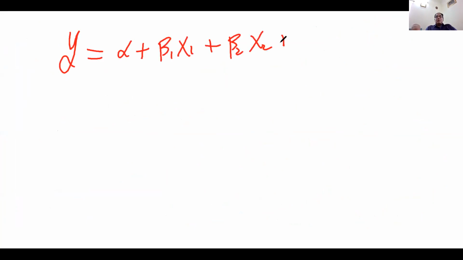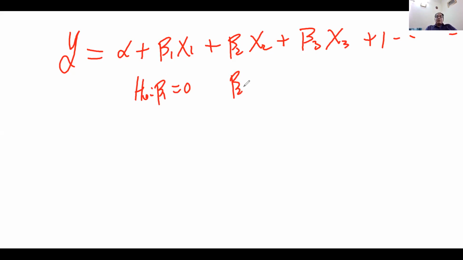Now, the multiple regression model can be explained by y equals alpha plus beta 1 x1 plus beta 2 x2 plus beta 3 x3 and so on. We assume the null hypotheses that beta 1 is equal to 0, beta 2 is equal to 0, beta 3 is equal to 0.